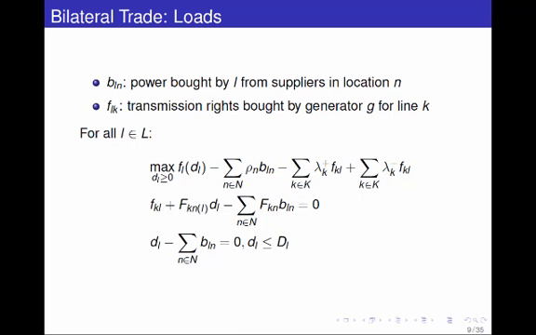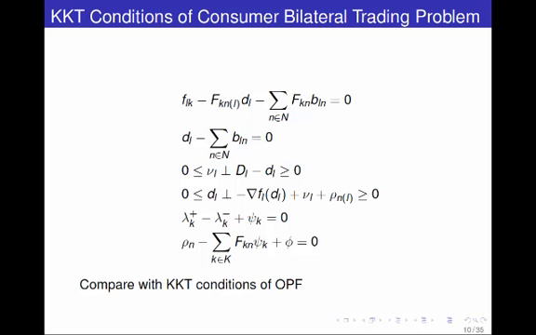The full details are in the course notes. So here are the KKT conditions for the loads. That's another block of KKT conditions, one block for each different load in the network. You plug that into your AMPL model, and now you've described this market more accurately.